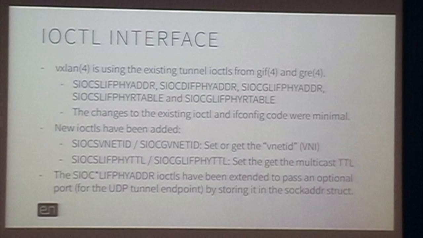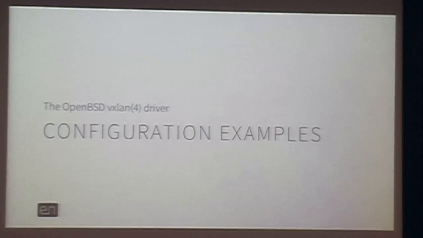VNI is a name that's not very descriptive, basically. And the existing PHY address, that's the IO-CTL to set the source and destination tunnel address. I just extended them to accept an additional port in the sockaddr struct that they're using. So, no complicated new interface to configure VXLAN.